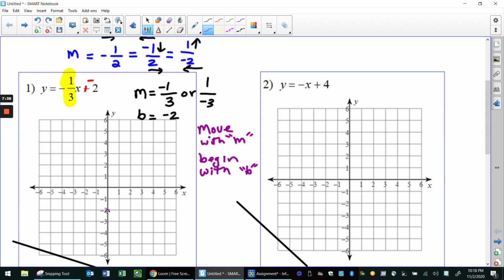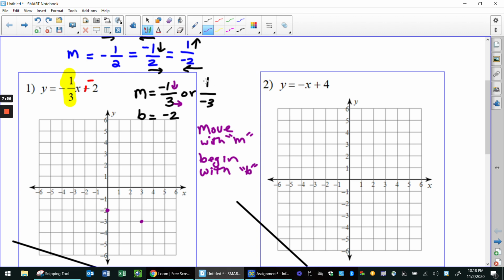From this beginning spot, I'm going to go down 1 and to the right 3 and plot my other point. And remember, this is down 1 and to the right 3, because it's +3 and it's -1.